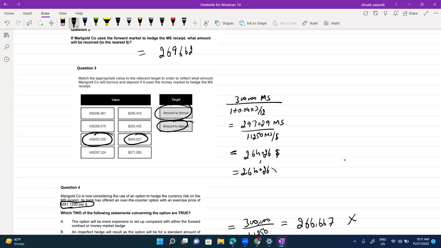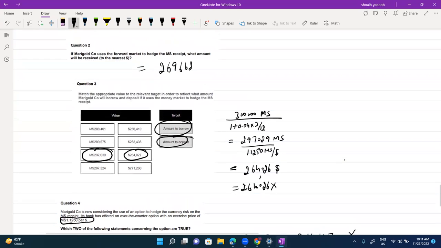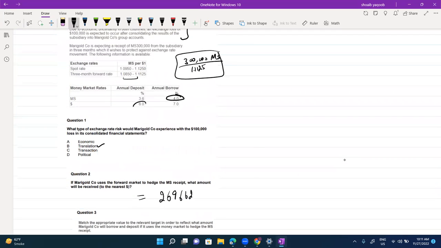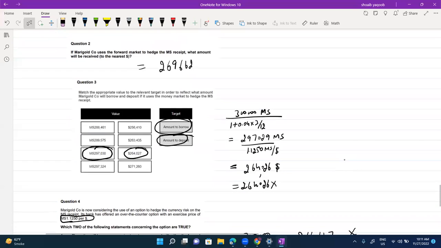मनी मार्केट का टोटल आंसर निकालें. 6% में डिपॉजिट करें जरा डॉलर्स को.